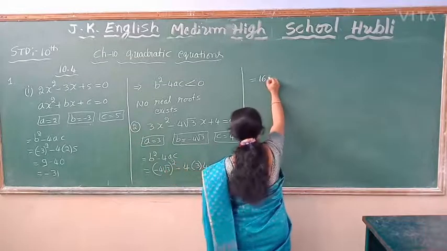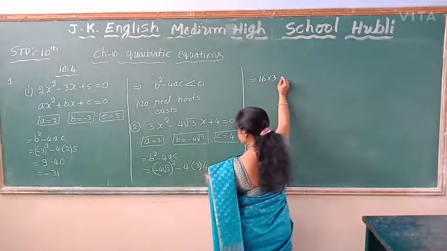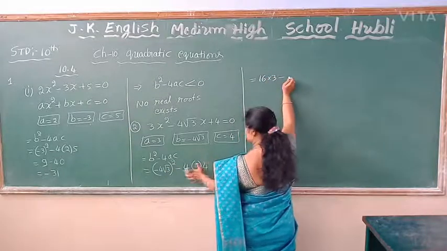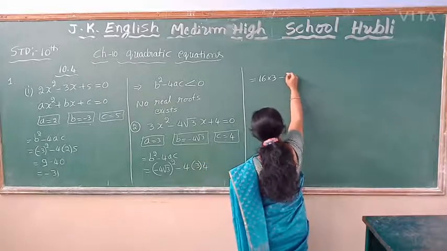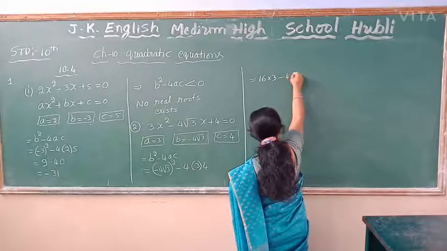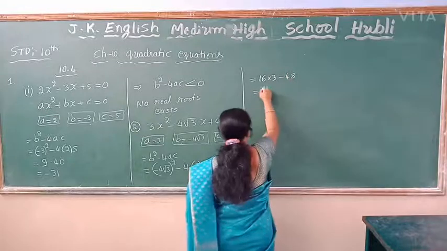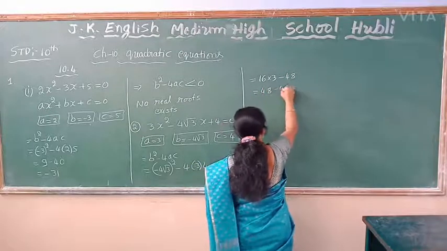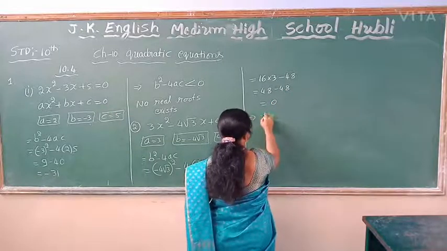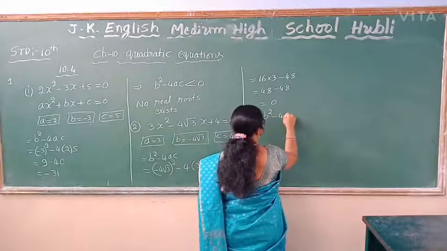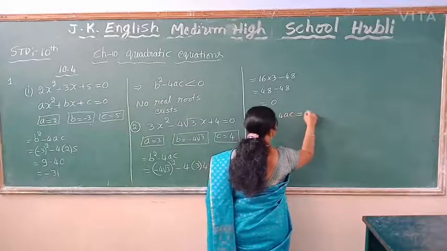So 16 times 3 is 48, minus 4 times 3 times 4 is 48. 48 minus 48 is 0. Therefore b square minus 4ac is equal to 0.